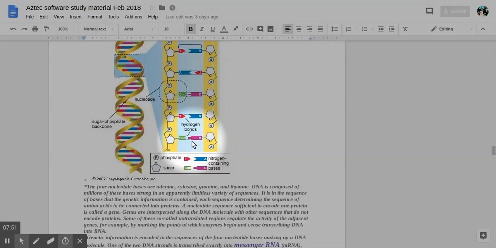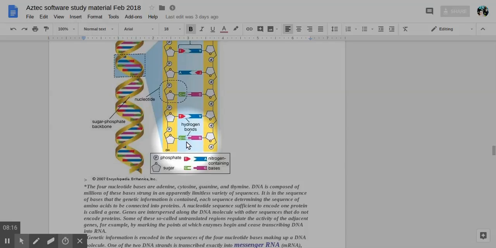DNA is composed of millions of these bases strung into an apparently limitless variety of sequences. It is in the sequence of bases that the genetic information is contained, each sequence determining the sequence of amino acids to be connected into proteins. A nucleotide sequence sufficient to encode one protein is called a gene.